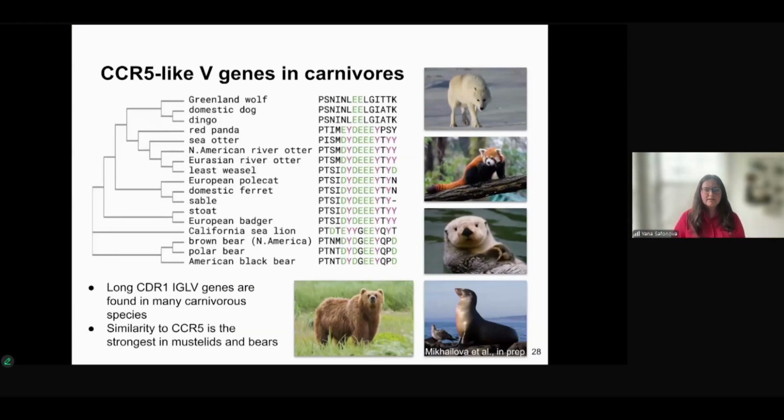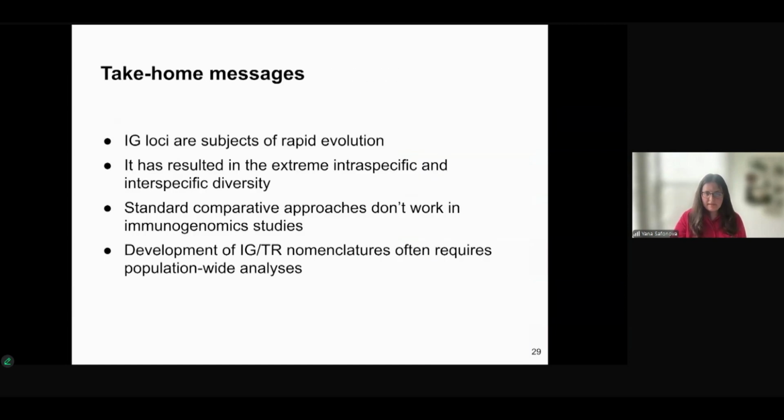Extending this analysis shows us that CCR5 mimicking genes are quite common across carnivorous species, and they are extremely conserved in mustelids, probably because of their diets based on rodents, and for some reason in bears. And overall, it provides an interesting case study of molecular mimicry, and we're currently working on a paper describing this analysis. And I have a feeling that this is just the beginning.